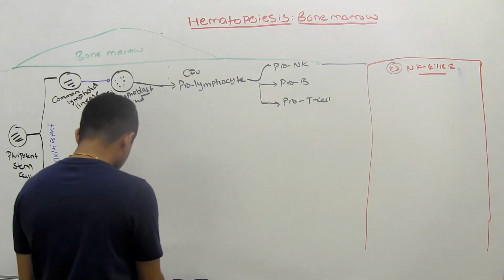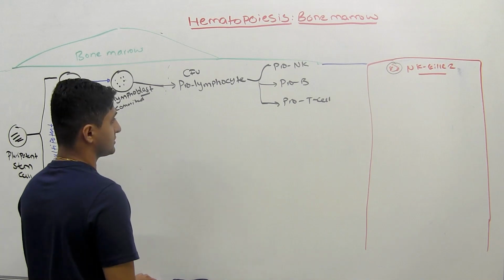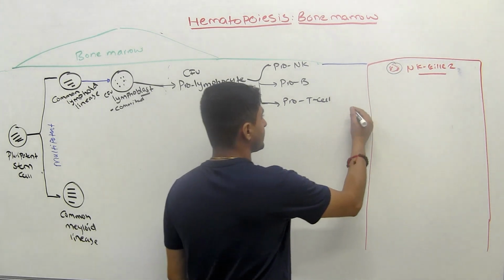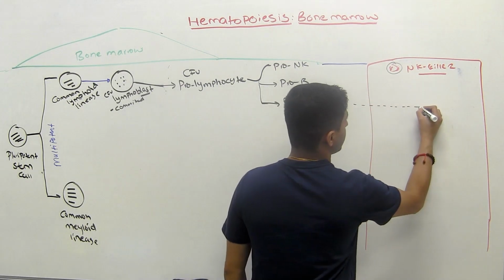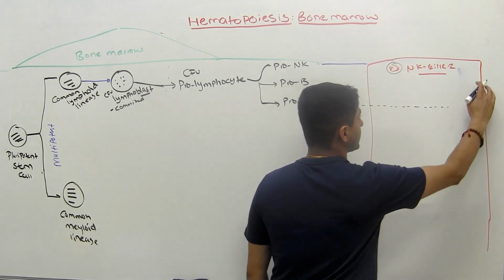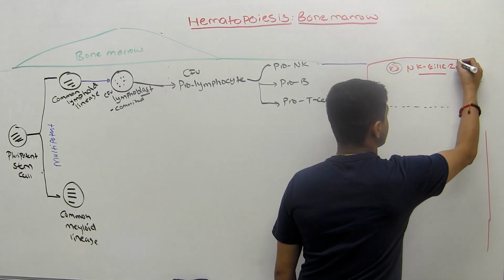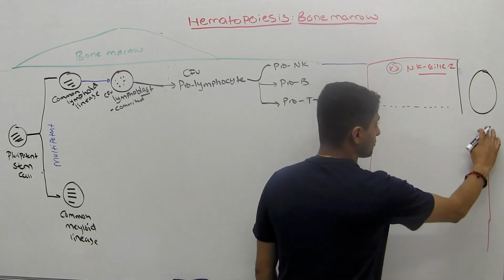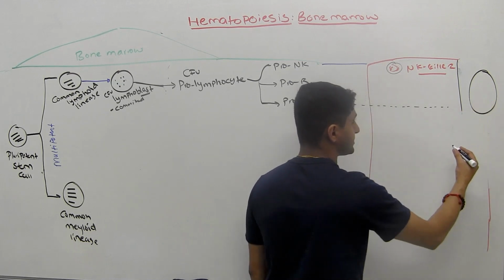And then let's quickly talk about the T cells, and then we'll talk about B cells. What happens with the pro T cells? They go to blood circulation, okay? And they actually don't get mature in the circulation. They go to the thymus.